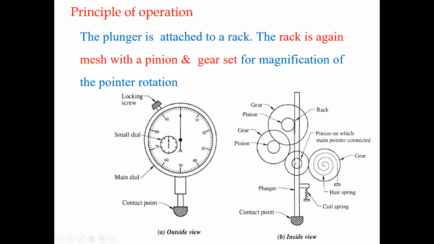Again here a small pinion is there. On this, simply a pointer is mounted. If this gear is rotating in anti-clockwise direction, the pointer which is mounted on this shaft is again rotated in anti-clockwise direction on the dial in order to represent the variation or the small displacement which is sensed at the contact point.